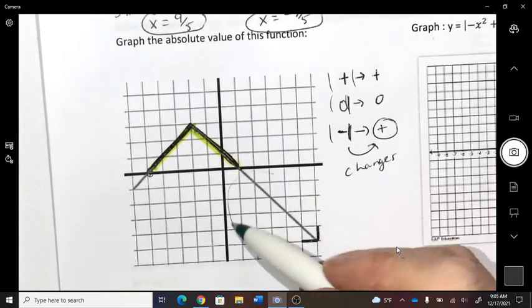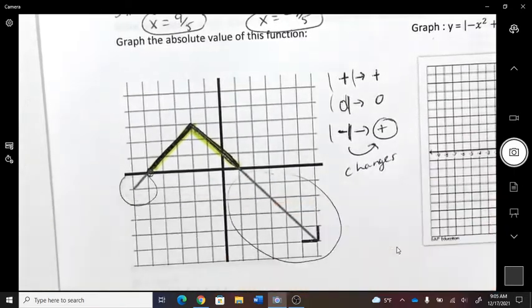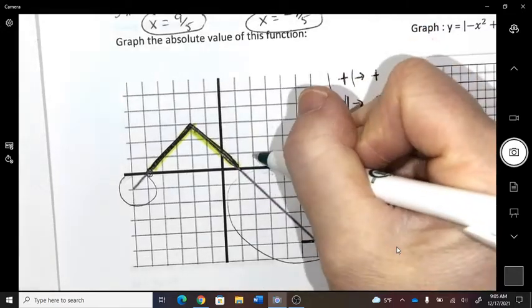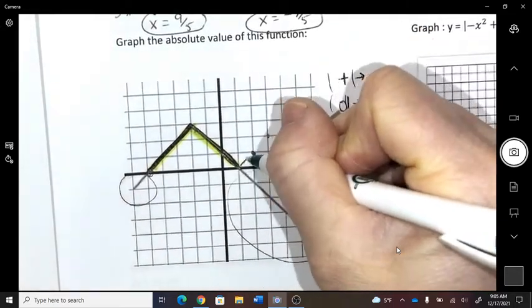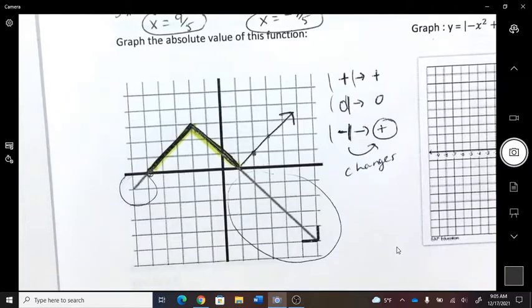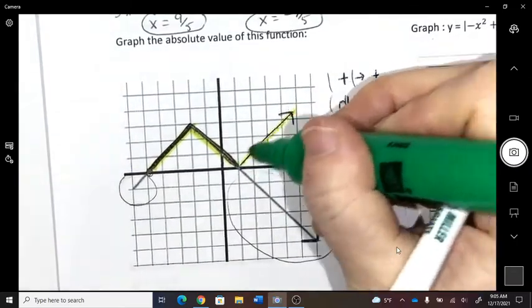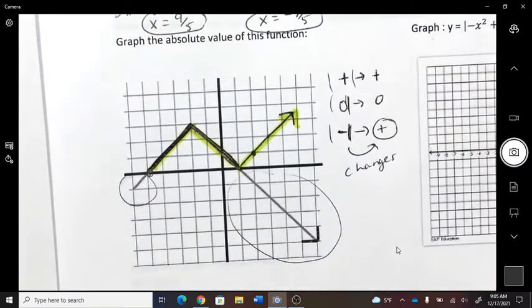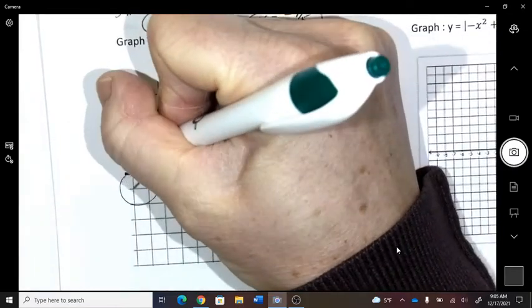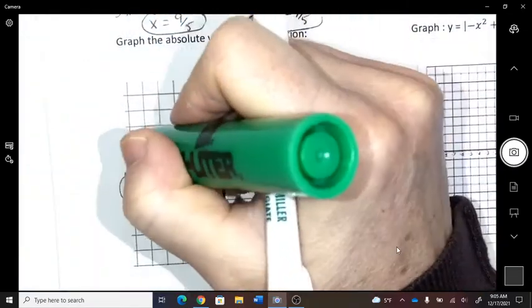Okay, this and this section are both negative. So can you visualize it reflecting to the positive? So reflect it, positive, reflect it, positive.